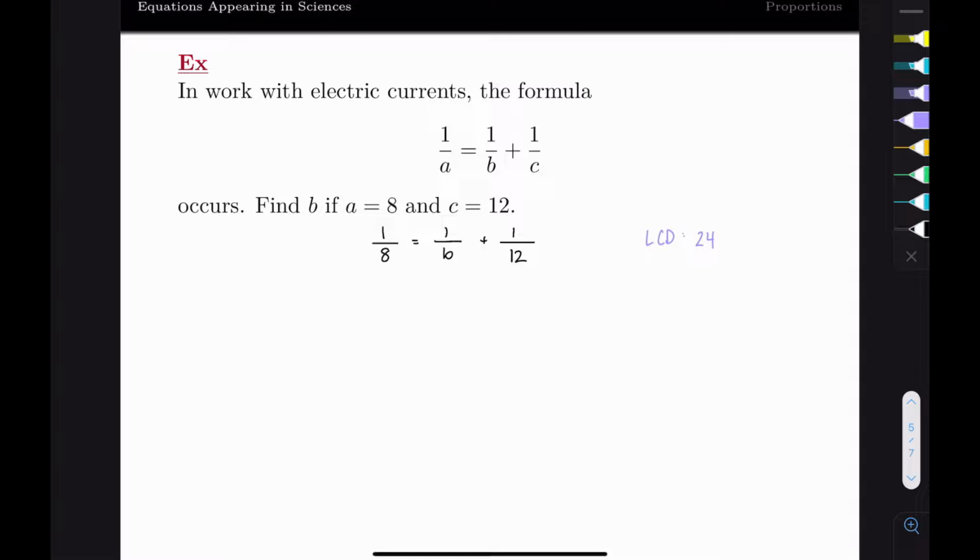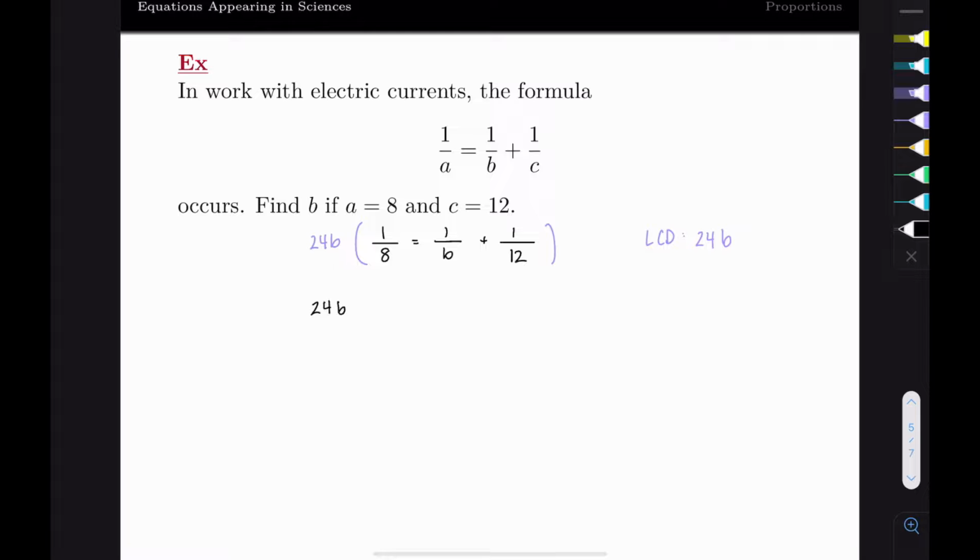If you did a higher number, that's okay. You'd still end up getting to the same answer. Like if you couldn't think of one and you did 8 times 12, that works too. You're just going to have more simplification. And then we also need to multiply by b to get rid of this denominator. So I want to take this entire fraction and multiply it by 24b.